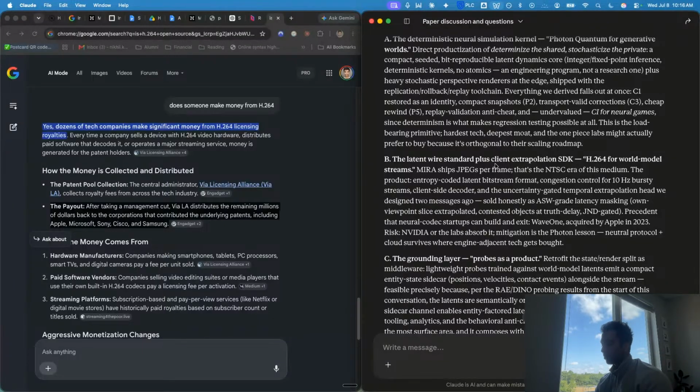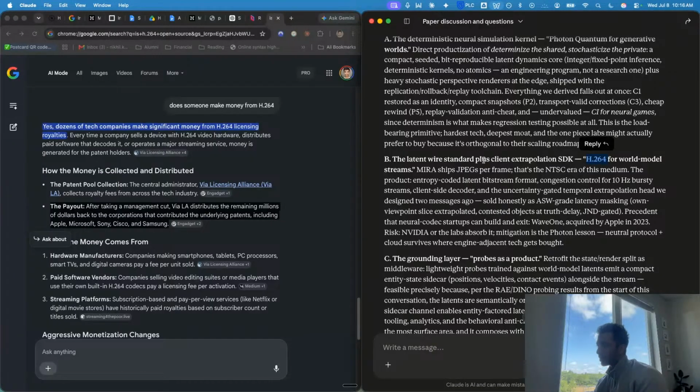Not for the transport layer, you would just use UDP or something standard. I don't know if there's room for optimization there, but for encoding and decoding, I would assume that the optimal approach is different for latents than for video or audio.